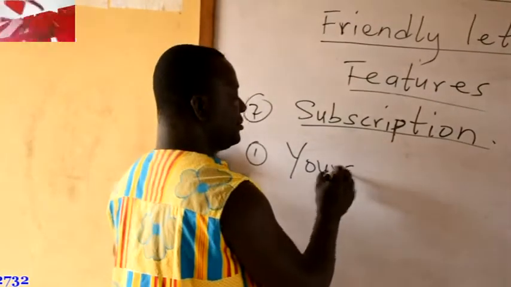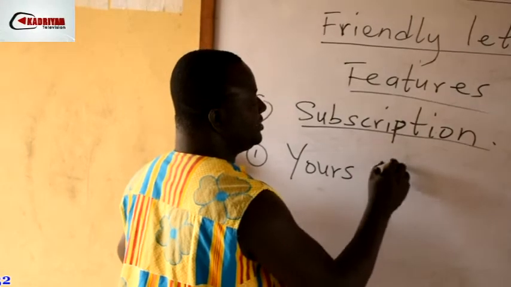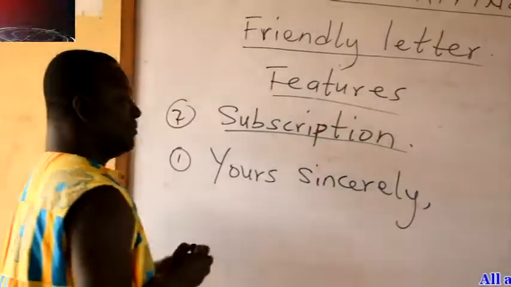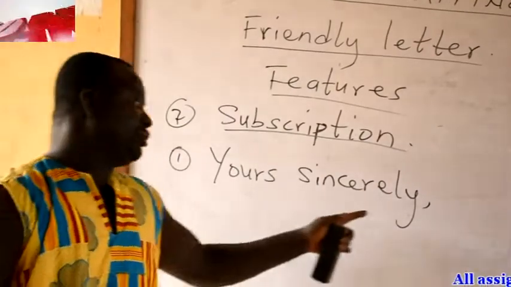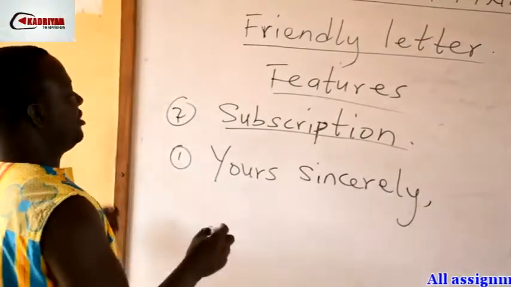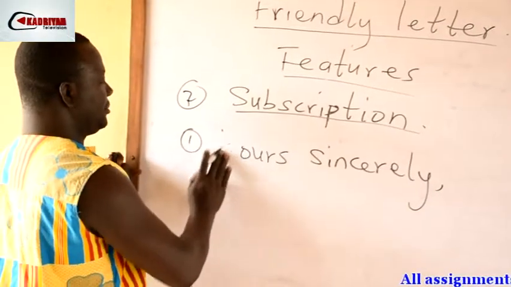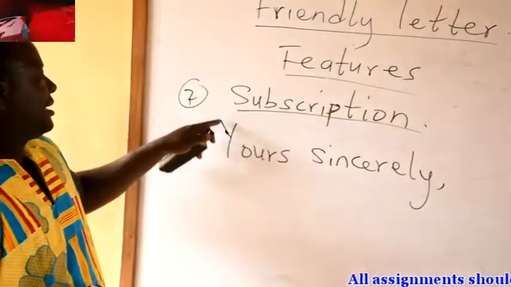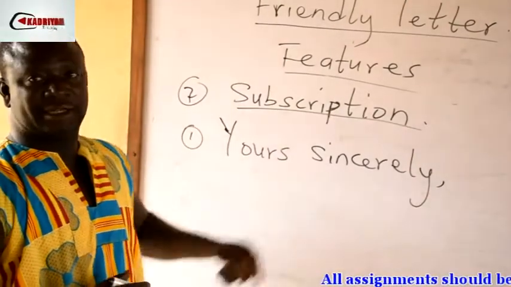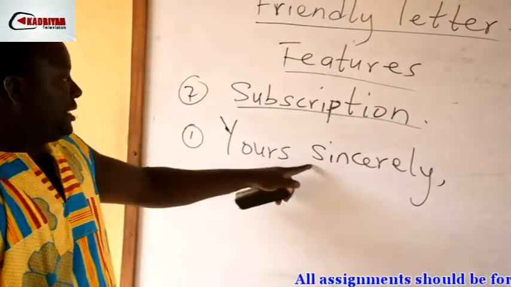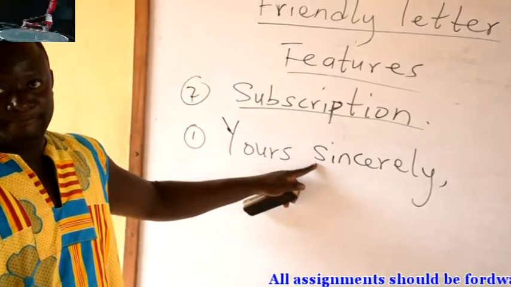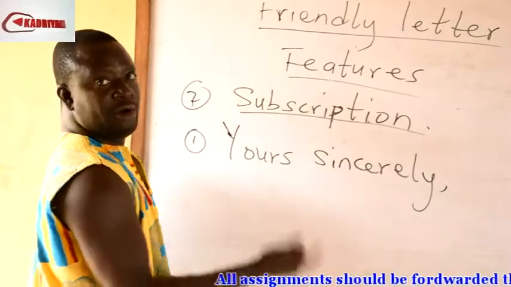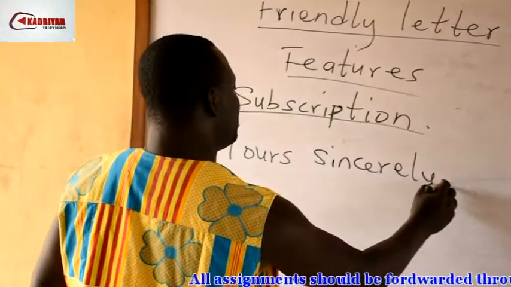Yours sincerely. Bring your comma, please. Yours sincerely. Please don't write a capital letter here and come and write a capital letter here. Here must be small letter. If you bring capital S here, it is wrong. After that, to make sure you bring your comma.